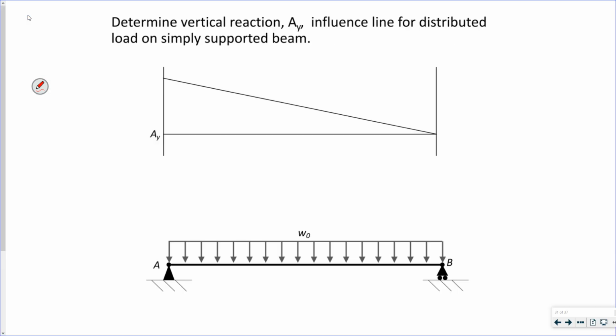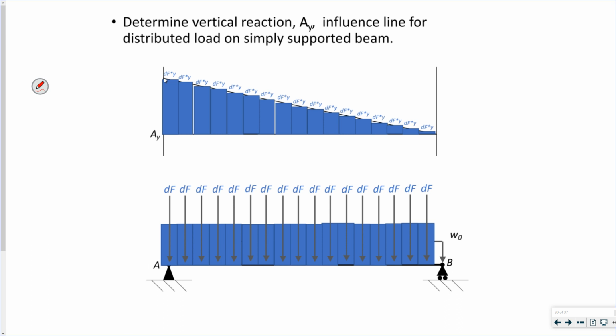Basically, if Y is my influence line value, then my vertical reaction is equal to the area under that curve times, right, this is df, df being these little babies, right?